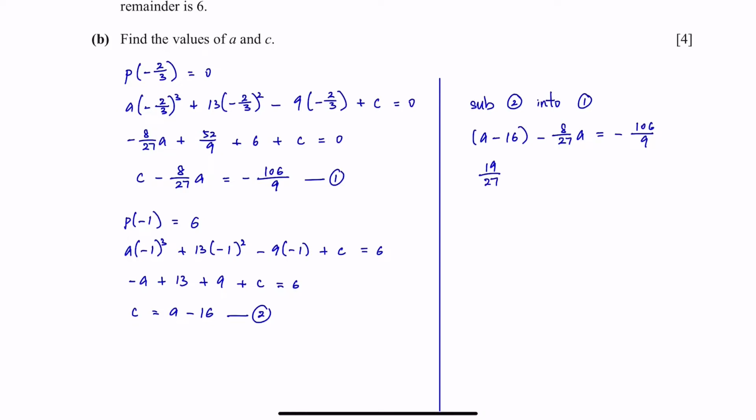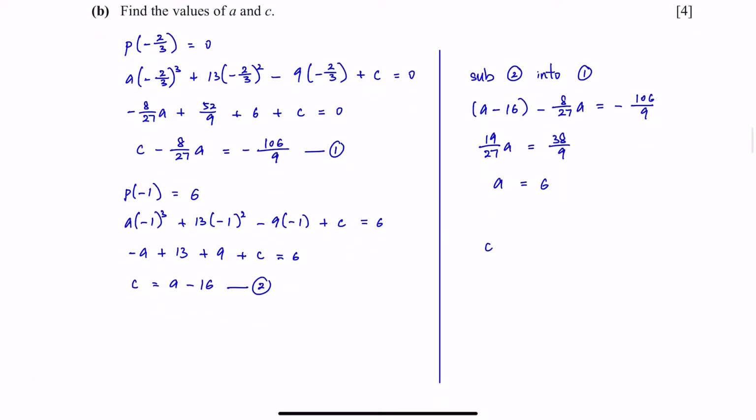And 19 over 27 a is equal to 38 over 9. So a would be 6. And c would be a minus 16, which is 6 minus 16, and we get negative 10.